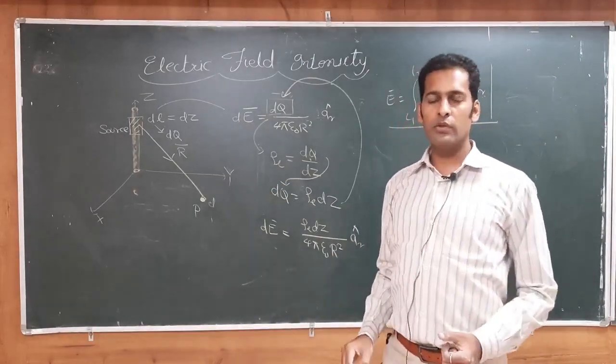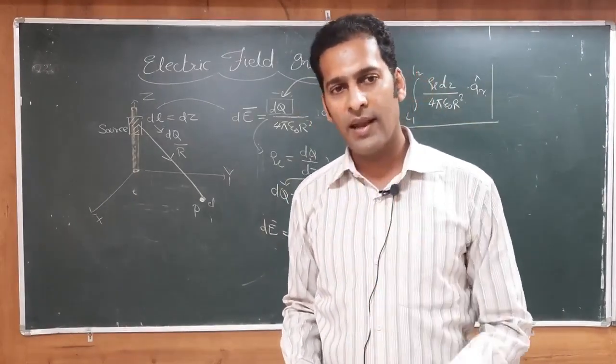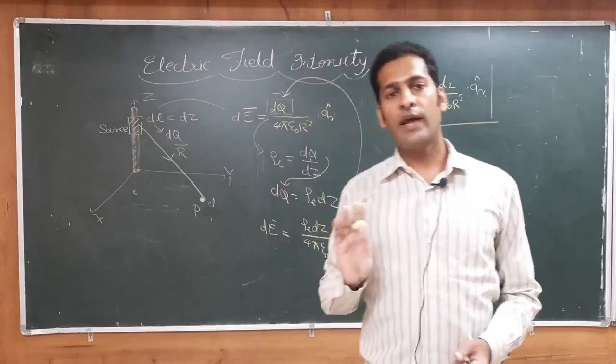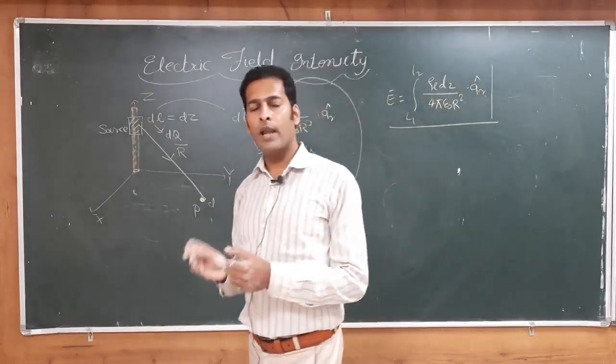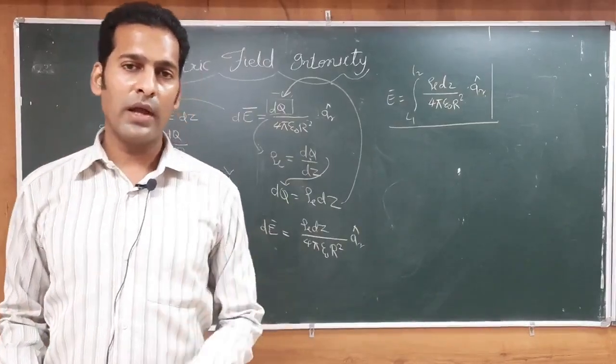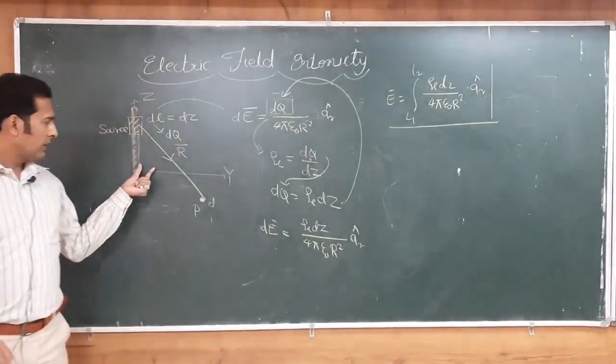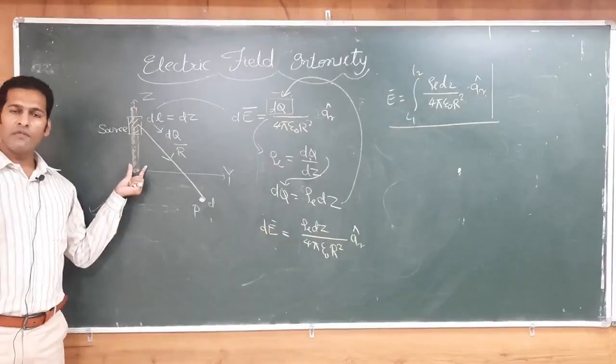Now, in line charge distribution, the most commonly asked question is the infinite line charge. An infinite line charge applies electric field strength in the surrounding region, and we have to calculate what that value is. So, let us imagine that this conductor does not have a finite length.